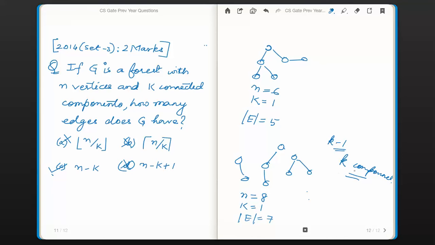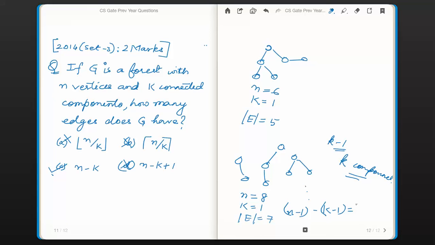That means when we get k components, the remaining number of edges in the forest would be equal to: we started with n minus 1 edges, and then we eliminated k minus 1 edges from it to get k components. So when we have k components in the forest, the number of remaining edges would be equal to n minus 1 minus (k minus 1).